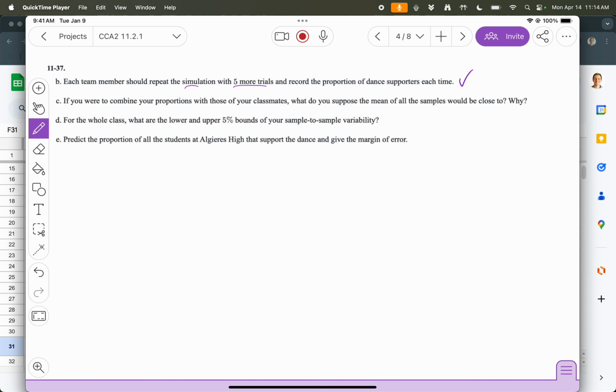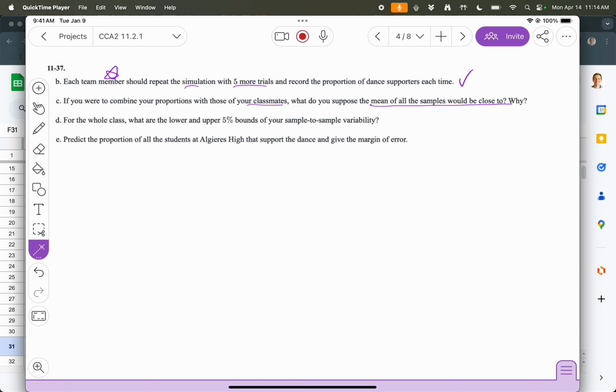Now, if you were to combine your portions with those of your classmates, what do you suppose the mean of all those samples would be close to? Well, in theory, I am just going to think about that before I actually try and do it here. I was wondering if this one asked me for a mean, but it didn't.